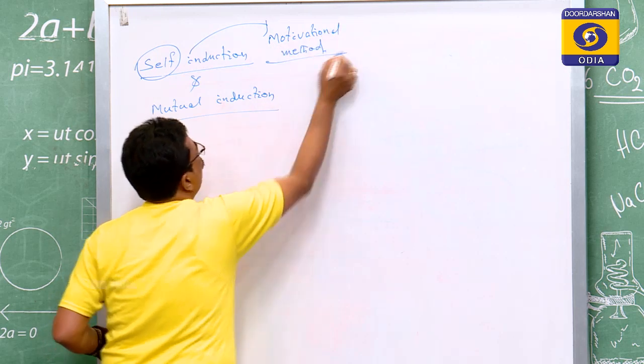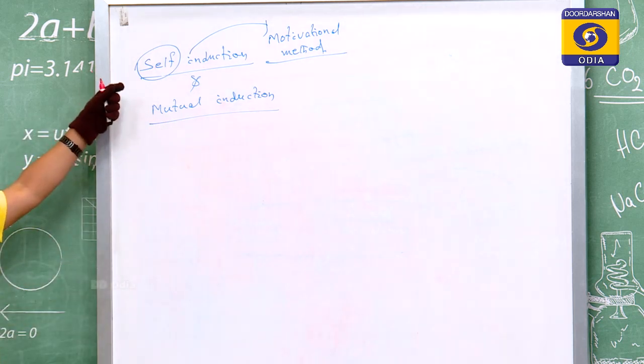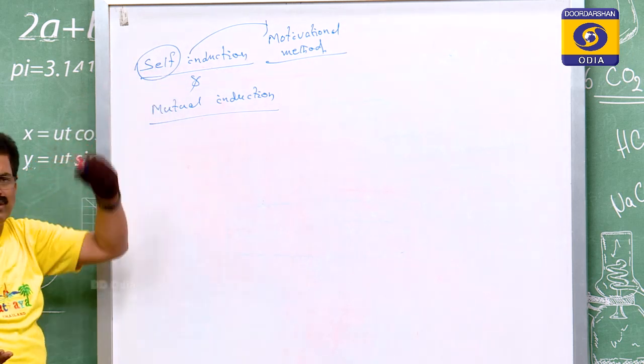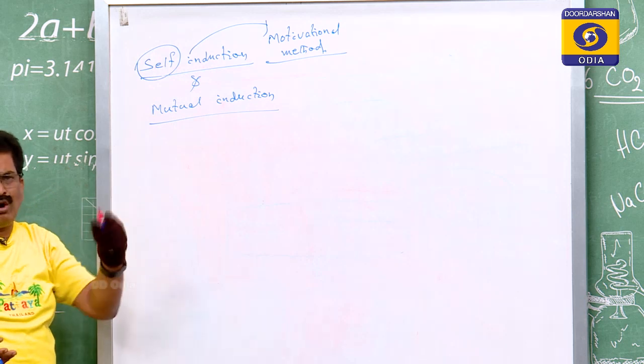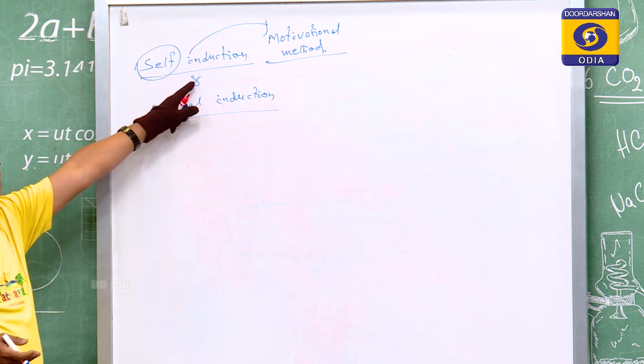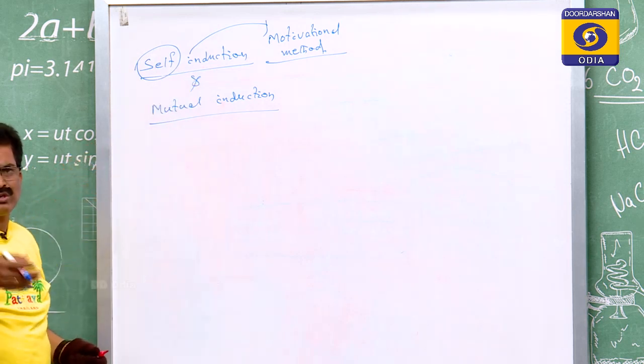Motivational means being motivated, from mood to motivated. So what is developed only in the same coil or on the same conductor itself is self induction. And mutual means between two things.